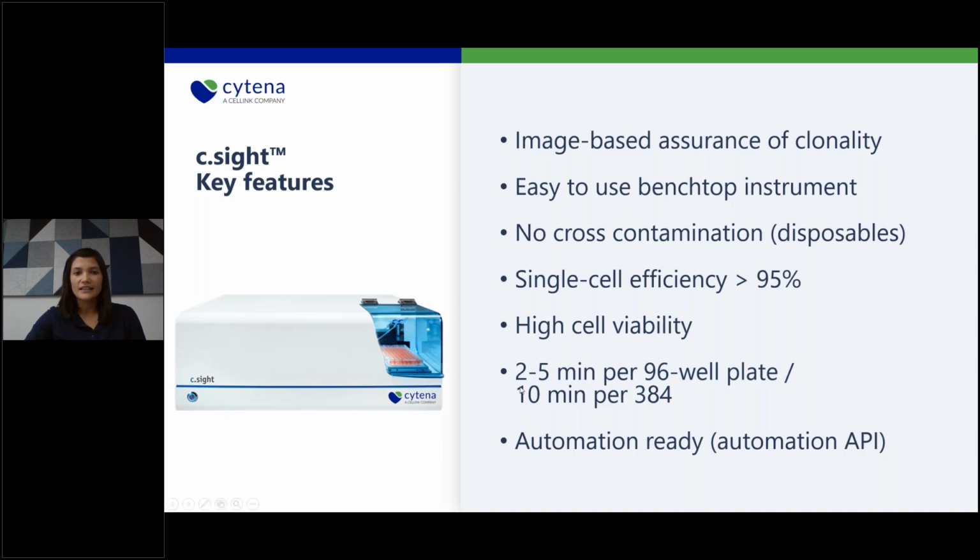The C.SIGHT is an easy-to-use benchtop instrument because of the sterile single-packed disposable cartridges, we have no cross-contamination. The single-cell efficiency is over 95%. And because of this nice technology, the cartridge and the silicon membrane and the piston, we have high cell viability, so very low shear forces on your samples.